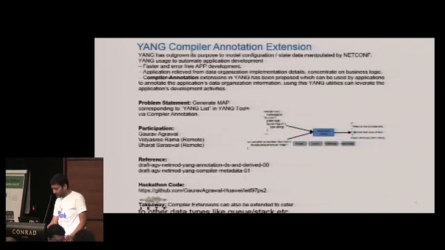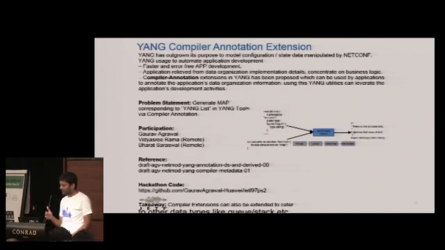Okay. Another problem statement we worked on is the compiler annotation extension, as a part of which we wanted to generate a Java map corresponding to a Yang list. Yang is not only used to define schema nowadays, it is also used to automate application development. With that perspective, we need something extra to instruct a compiler to do something extra.